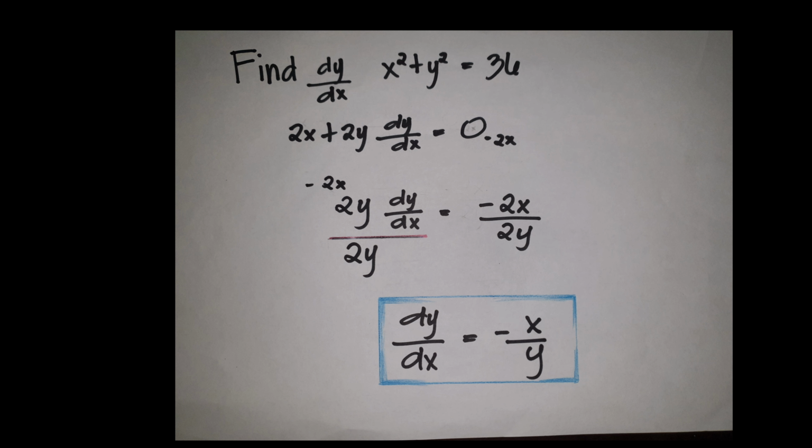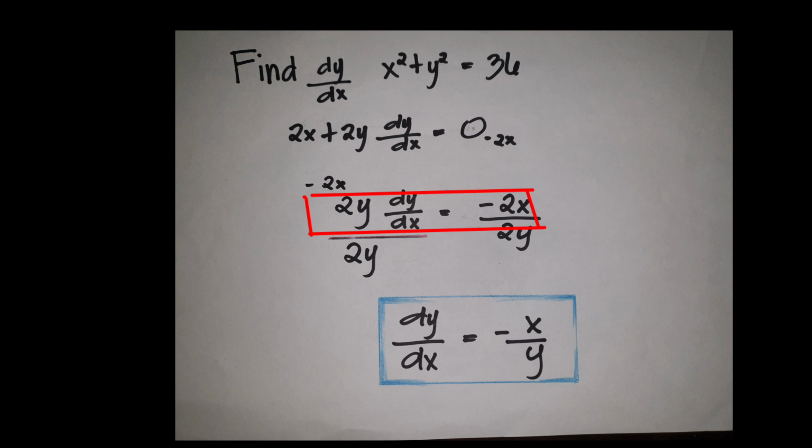If there are ever any parentheses, you'd want to distribute to get rid of them, but there are none in this case. You need to subtract out any terms that don't have dy dx. So we subtract the 2x from both sides, and we have 2y dy dx equals negative 2x.